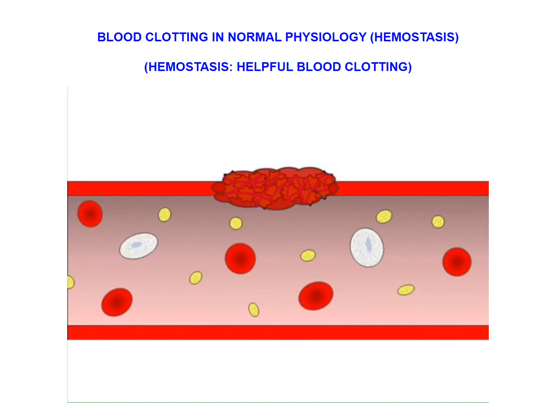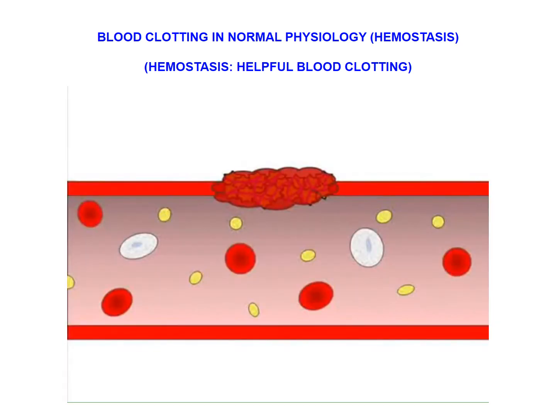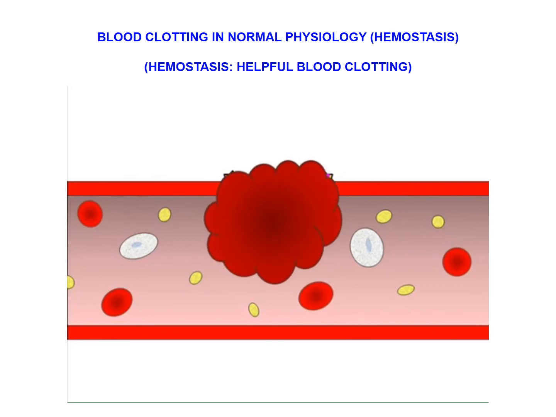The overall process of forming these fibrin strands to solidify the clot is called coagulation. So within a matter of minutes, a sturdy plug is formed to arrest the outflow of blood. But too much coagulation activity allows the clot to grow much larger than it should.